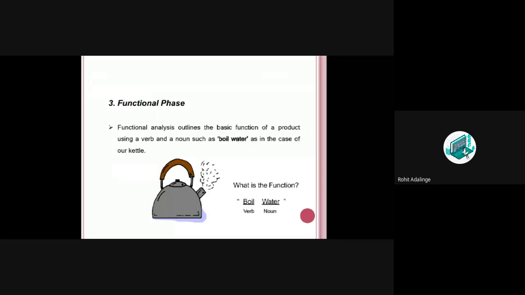The basic function of the product is outlined using a verb and a noun, such as 'boil water', as in the case of our kettle.